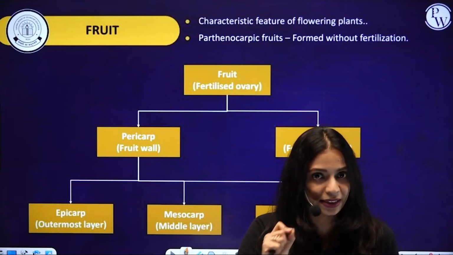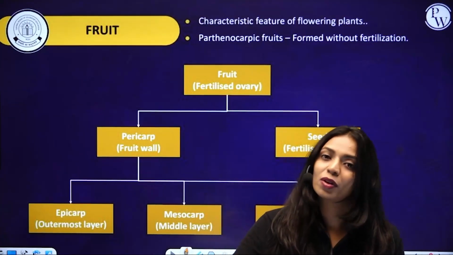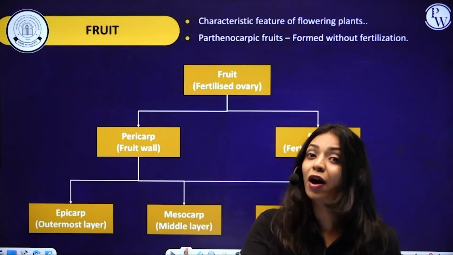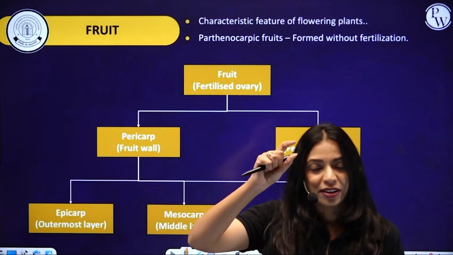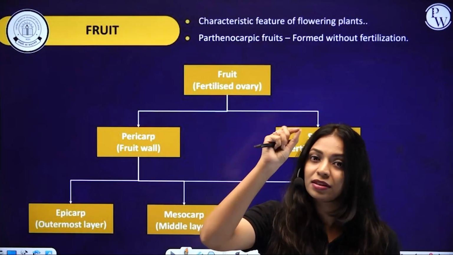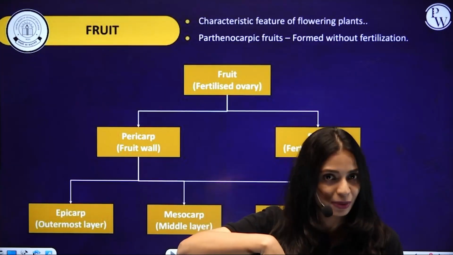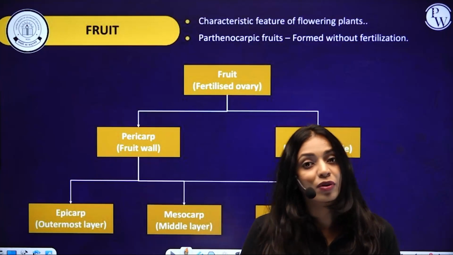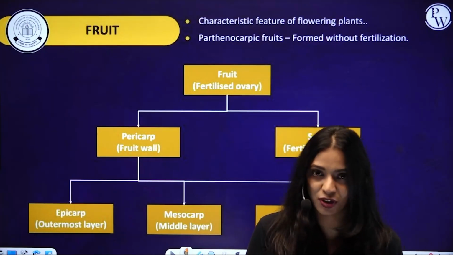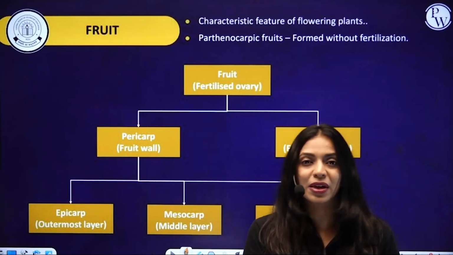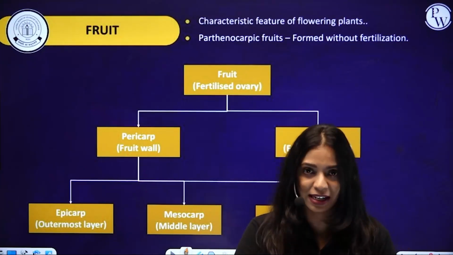Pollen grains will contain the male gamete. Pollen grain will go and fall on the stigma, which is part of the female reproductive part. The pollen grains containing the male gametes are delivered to the female reproductive part. There it will fuse with the egg cell and form the zygote. This is how the process of sexual reproduction takes place. And that fusion of male gamete and female gamete is called fertilization.